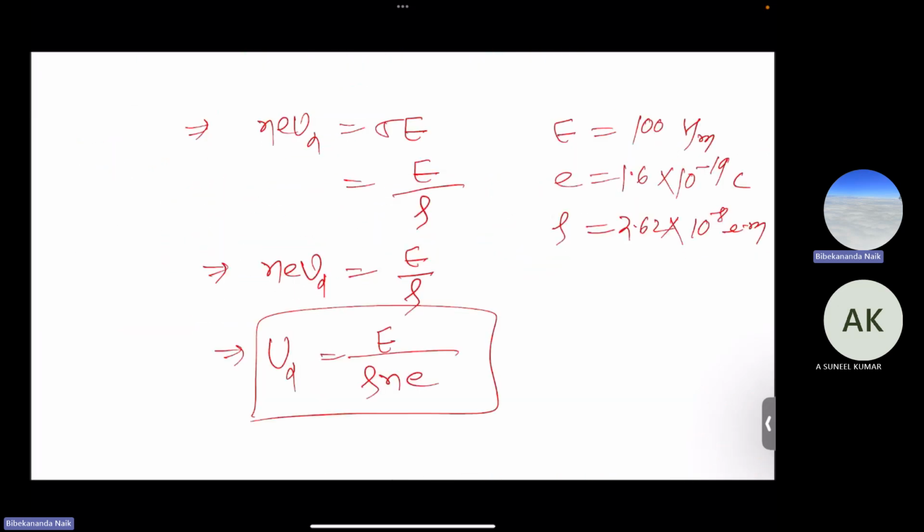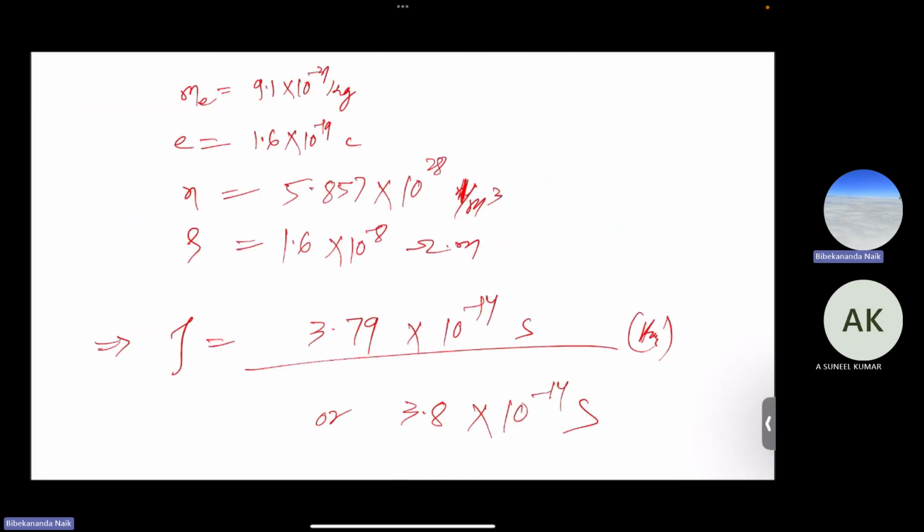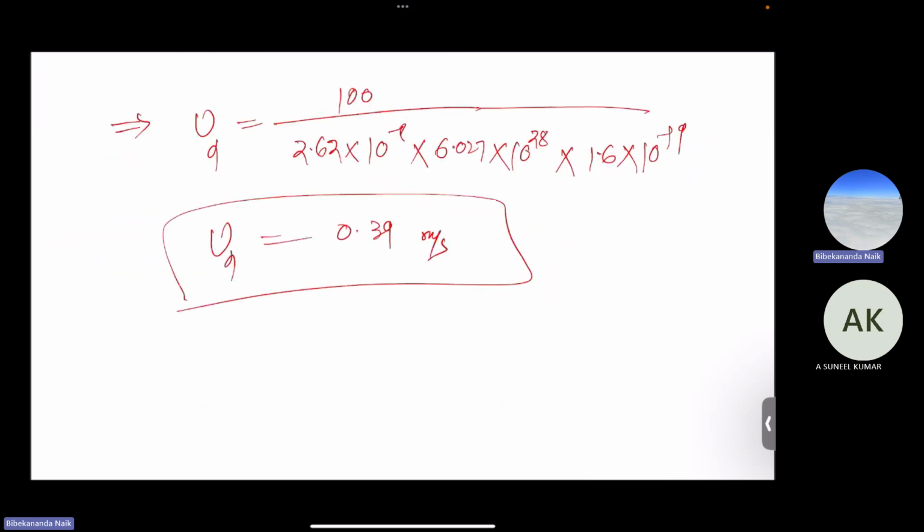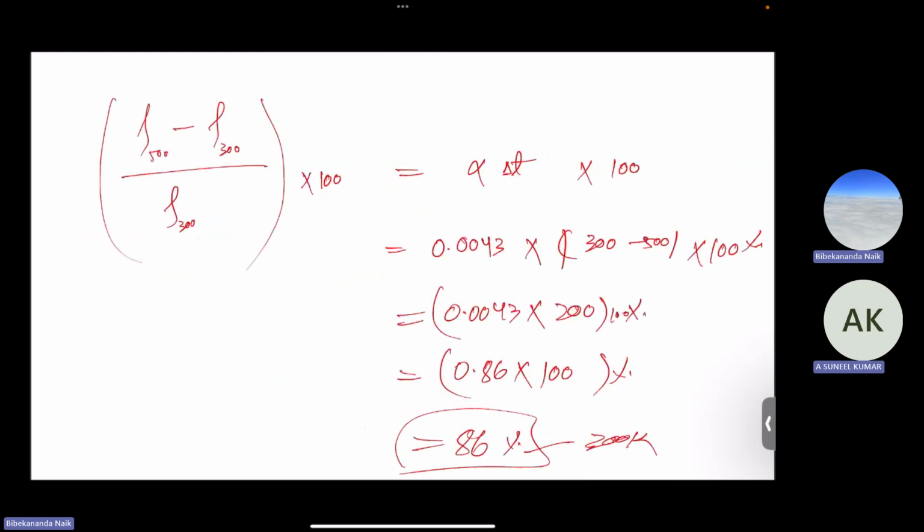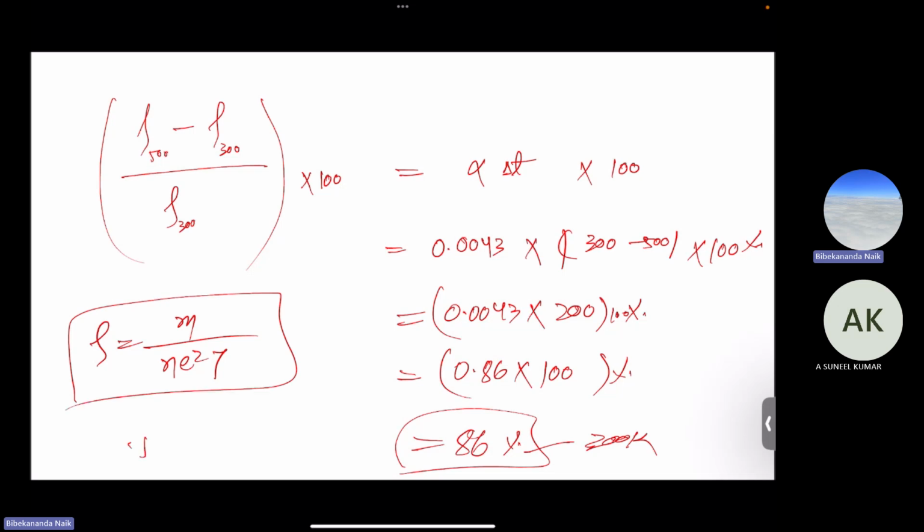You must remember: rho equals m by n e square tau, is it not? So can you tell me, when we increase the temperature from 300 Kelvin to 500 Kelvin, which of the parameters get affected?